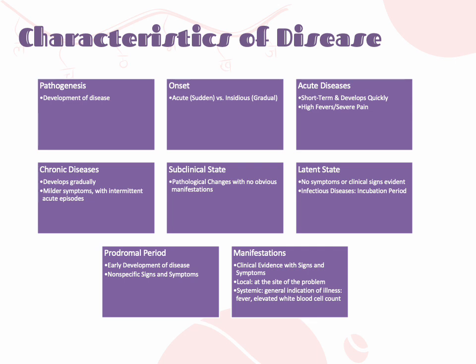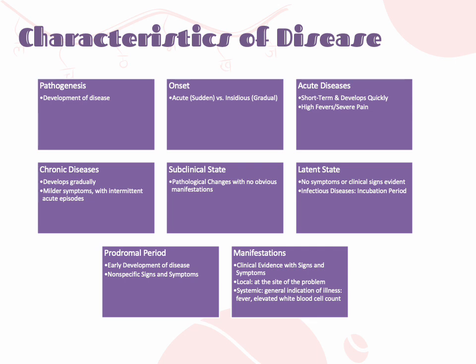Now, when we talk about acute diseases, again, they are short term and they develop quickly. A lot of times they're associated with severe pain, high fevers. When it's acute, everything happens all of a sudden. It's one day you're not sick and the next day you are. It's that sudden. Whereas chronic diseases, they do develop gradually, but what makes it chronic is that you have intermittent episodes.